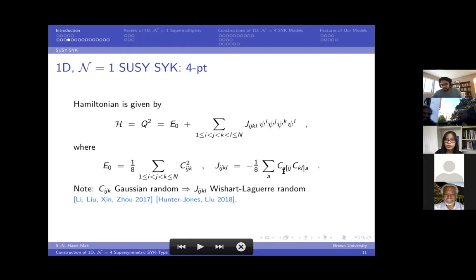So now here is something that looks like that. This C is Gaussian random, so this J is actually Wishart-Laguerre random.